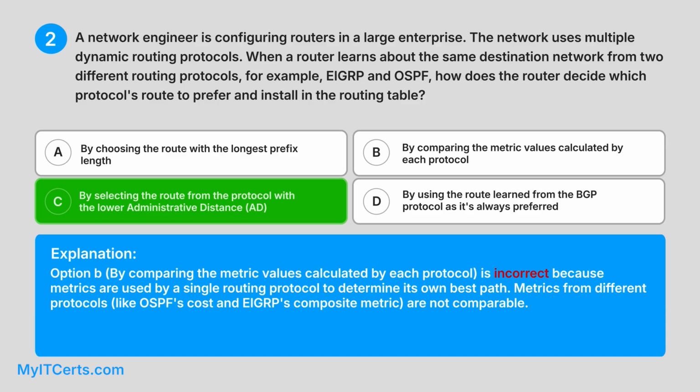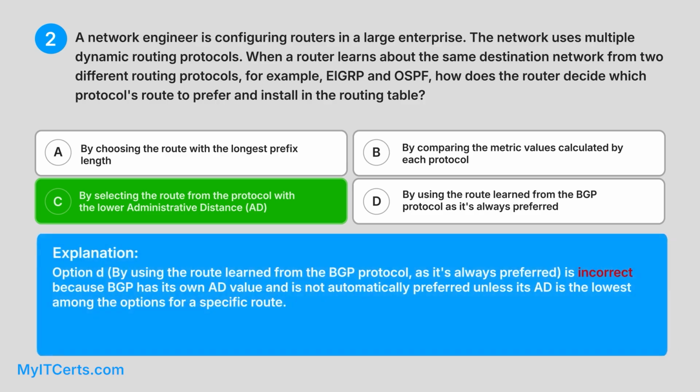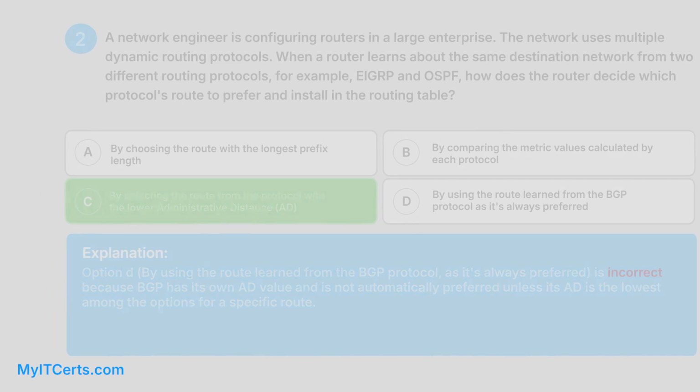Metrics from different protocols, like OSPF's cost and EIGRP's composite metric, are not comparable. Option D, by using the route learned from the BGP protocol, as it's always preferred, is incorrect because BGP has its own AD value and is not automatically preferred unless its AD is the lowest among the options for a specific route.